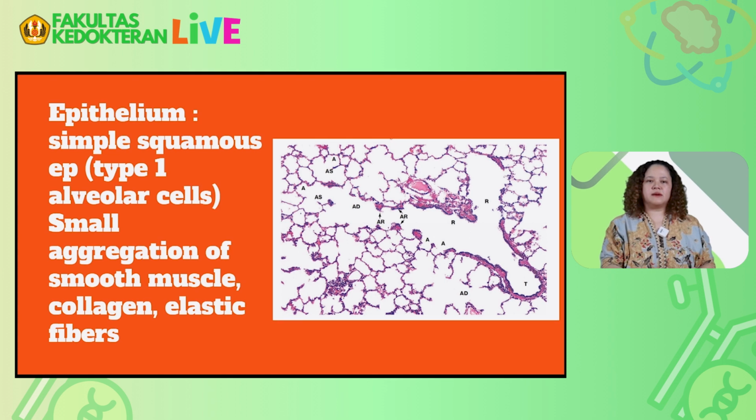Elastic fiber functions to ensure recoil of the alveoli during inspiration and expiration, while the reticular fiber would prevent overdistension and damage to the delicate capillaries. The alveolar ducts here would open into the atria that communicate with the alveolar sac.